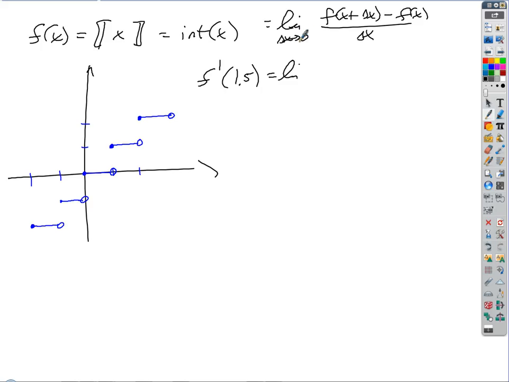Okay, well, what's x in this case? 1.5. Okay. So we're just going to get the limit of f of 1.5 plus delta x minus f of 1.5, all over delta x, as delta x goes to 0.